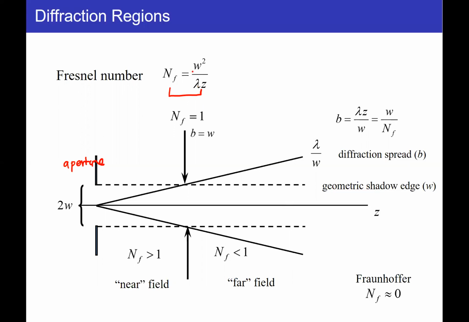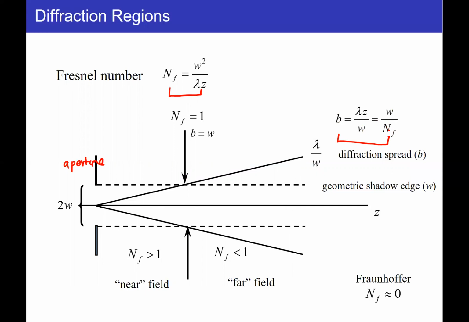Okay, so its reference was N_F equal to 1. And then in addition, we have defined another beam diffraction spread B, which is lambda Z over W. If you think about it, this is Z over W, so that you can see how much it is spreading, or lambda over W. And then if you think about it, this B is given by W over N_F.